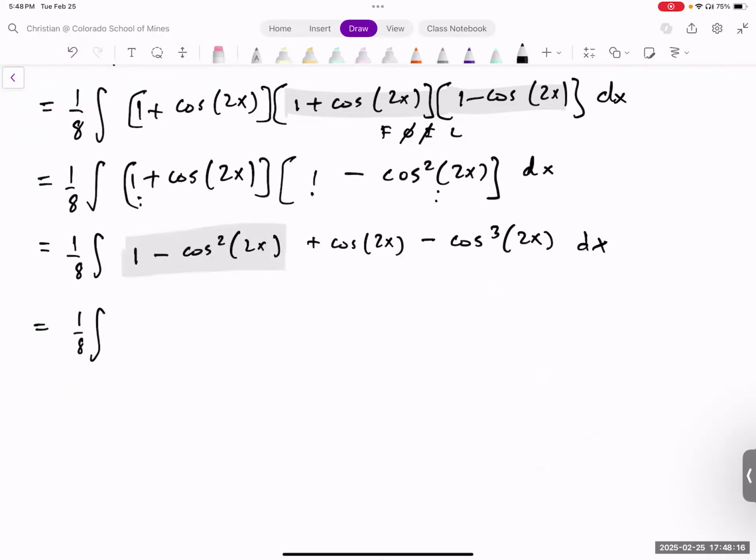That will switch to sine squared of 2x with the Pythagorean identity, plus cosine of 2x minus cosine cubed 2x.